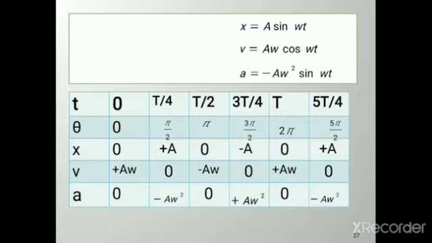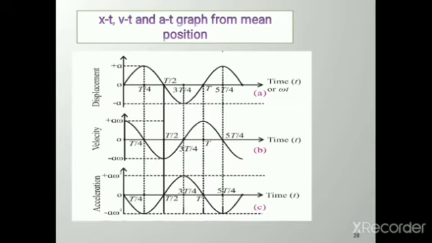Now we are going to plot a graph of velocity, acceleration and displacement with respect to t, because displacement, velocity and acceleration are functions of t. So the x versus t, v versus t or acceleration versus t graphs for the mean position are given below.